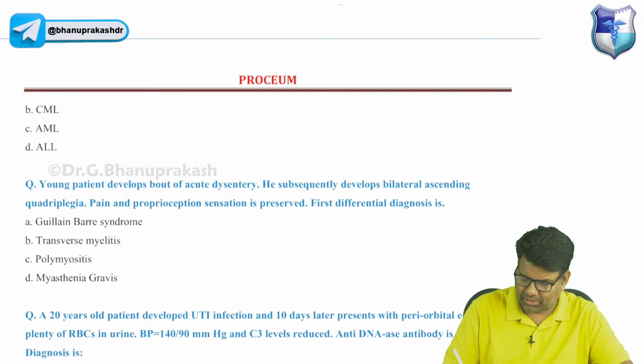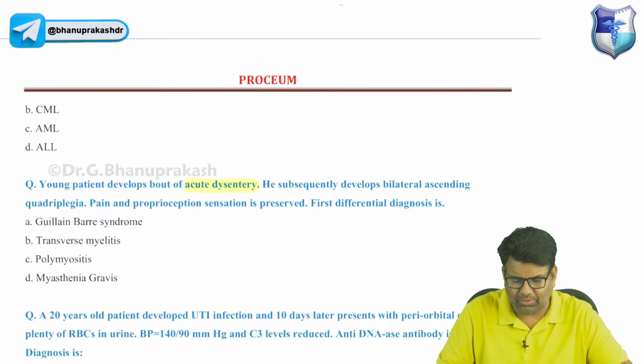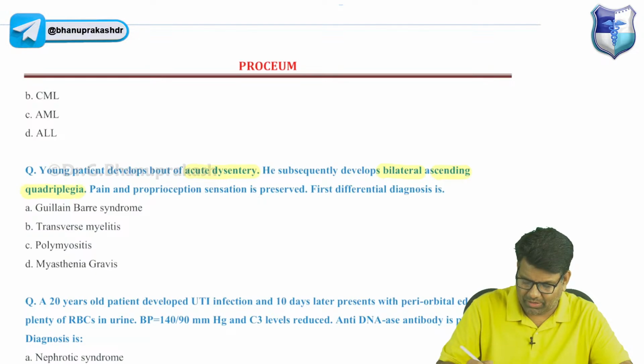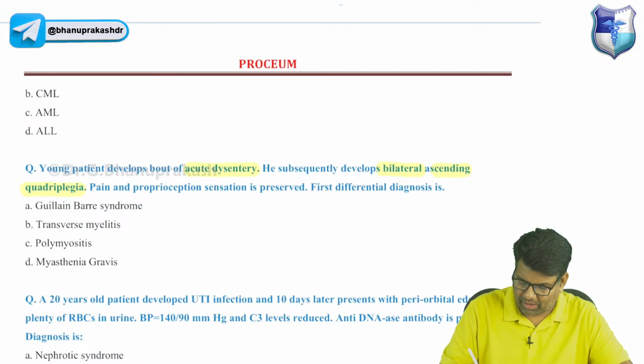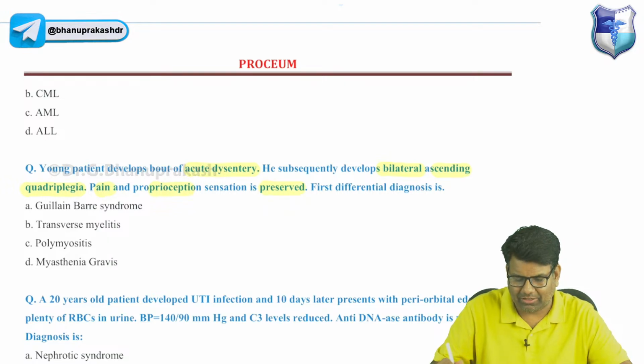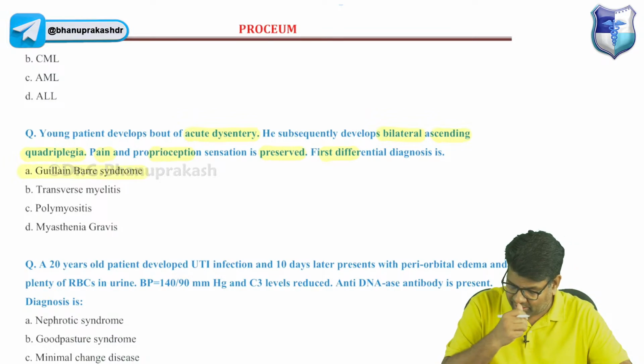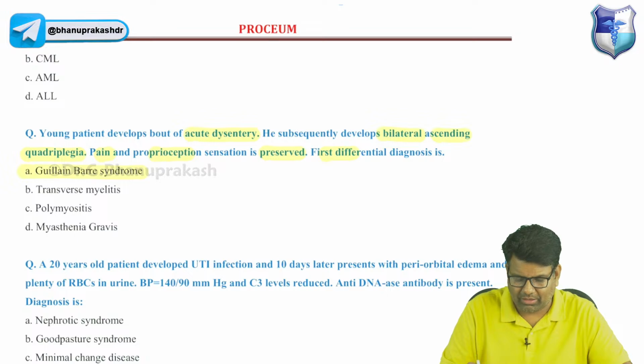Next question. A patient has acute dysentery, followed by which he has bilateral ascending quadriplegia. But pain and proprioception were intact. The first differential diagnosis has to be, yes, you're right, this is a demyelinating polyneuropathy, that is Guillain-Barré syndrome.